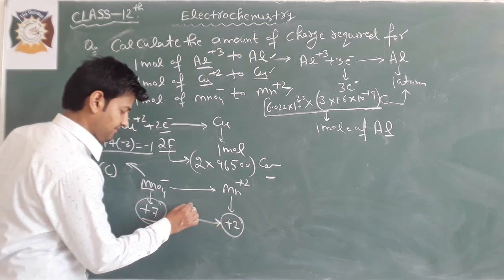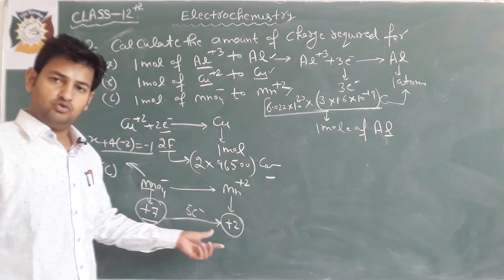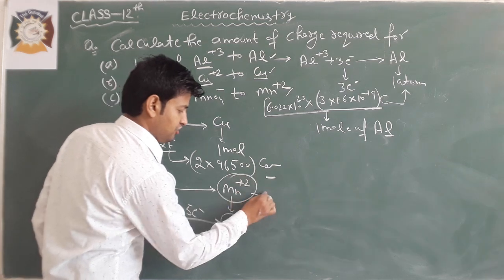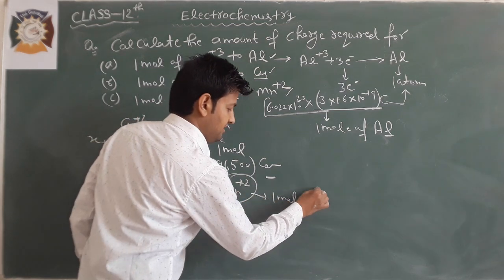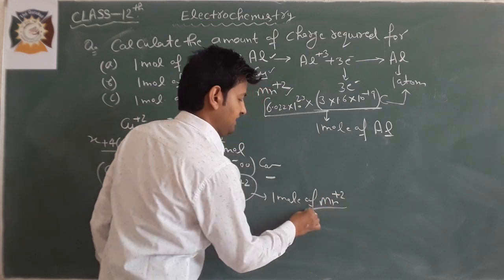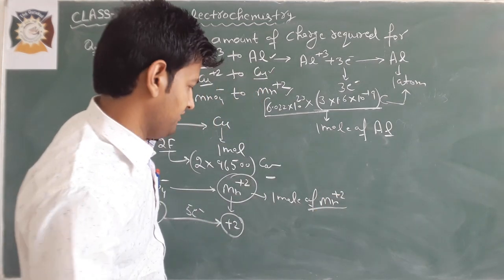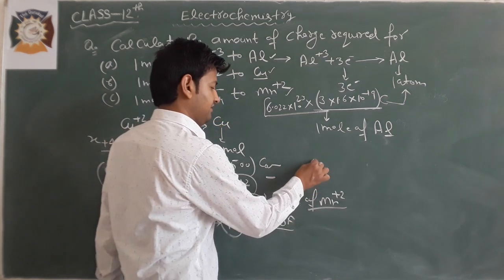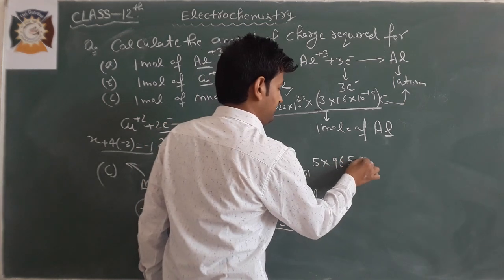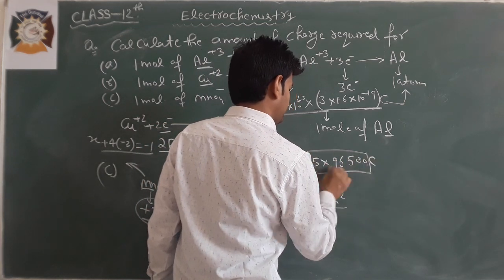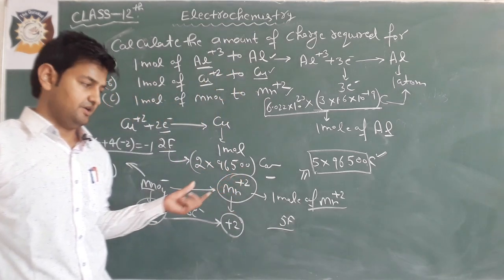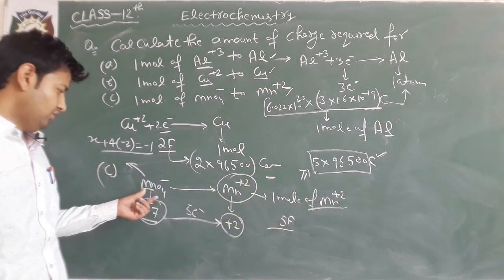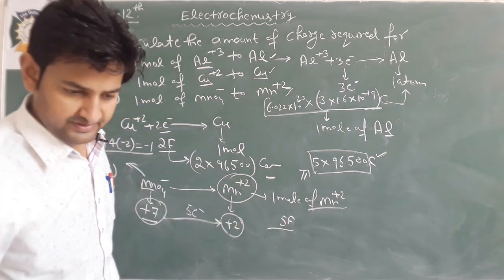There is a requirement of 5 electrons. So for the deposition of 1 mole of Mn plus 2, 5 Faraday of electricity is required, which is 5 × 96500 coulomb of charge for 1 mole of manganese plus 2 from 1 mole of MnO4 minus.